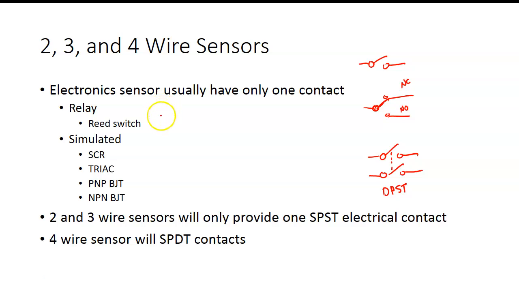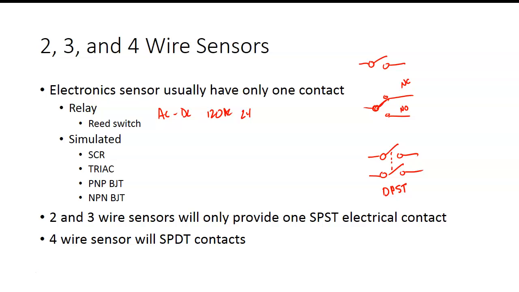Anybody know? You can connect AC across them, you can connect DC across them, and you would look at the rating. It might pass 120 volts DC, it might pass 24 volts, it might pass 120 volts AC. So what's nice about a relay output is that it doesn't define what voltage you pass through them.